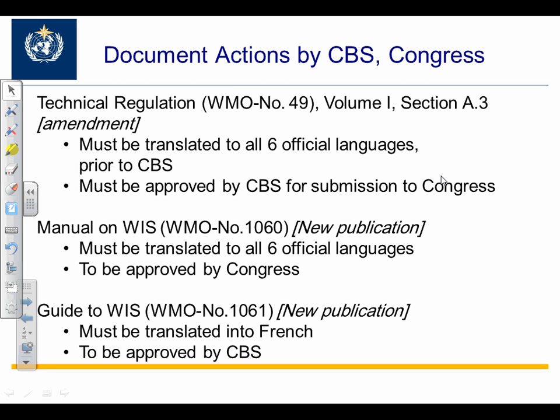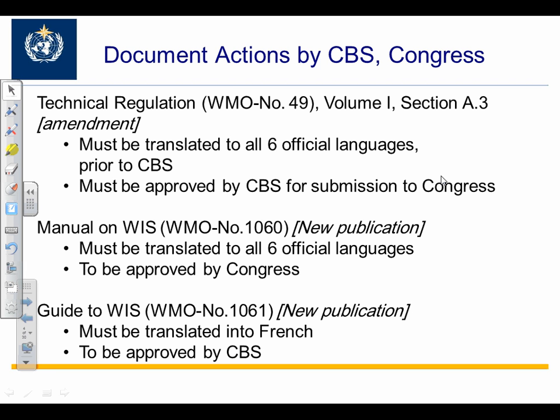How was it introduced into the WMO system? The amendment was first approved by CBS and subsequently by Congress. The WMO procedures require it to be translated in all 6 WMO languages. So even though it's not really necessary for you, you could even read it in Arabic.